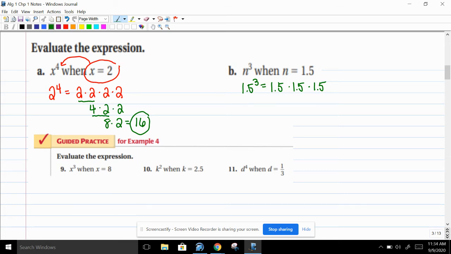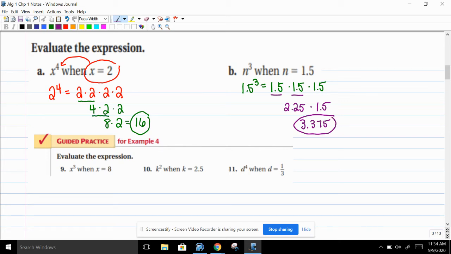Obviously, you can't see my calculator, but I'm doing the first 1.5 times this 1.5. That's 2.25 times the remaining 1.5 gives me a final answer of 3.375. That's my final answer there.